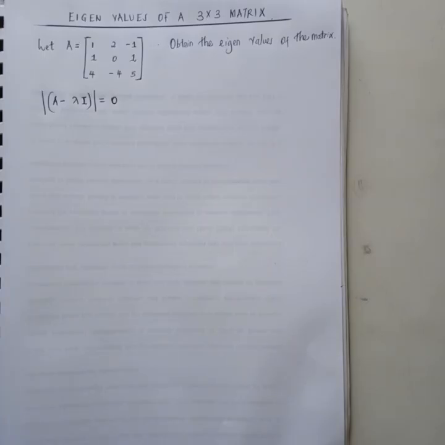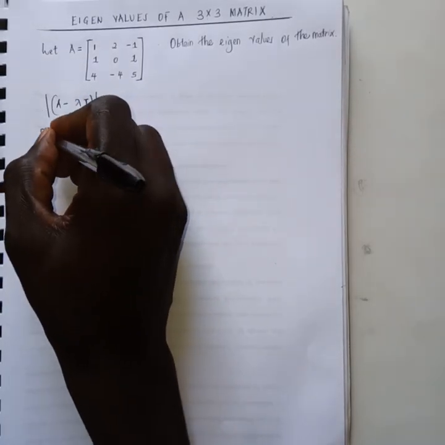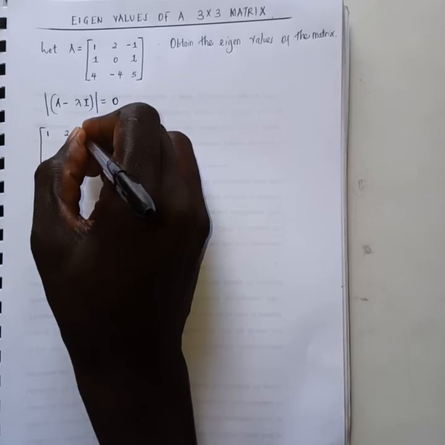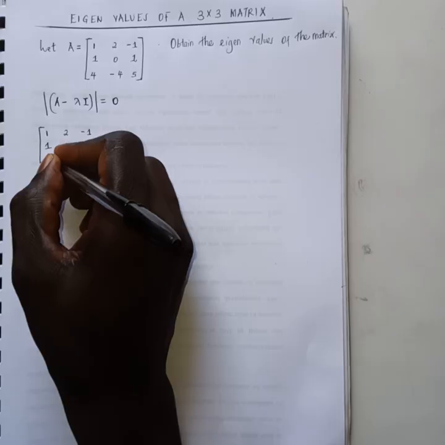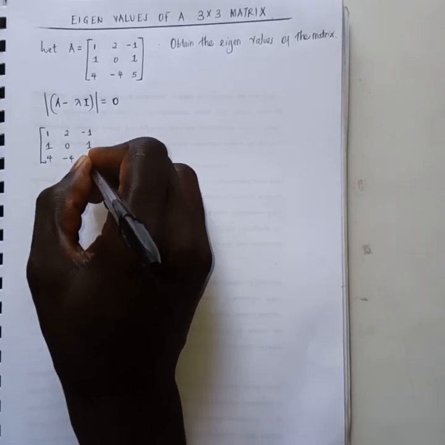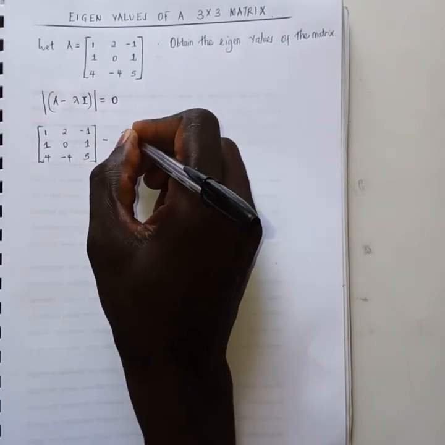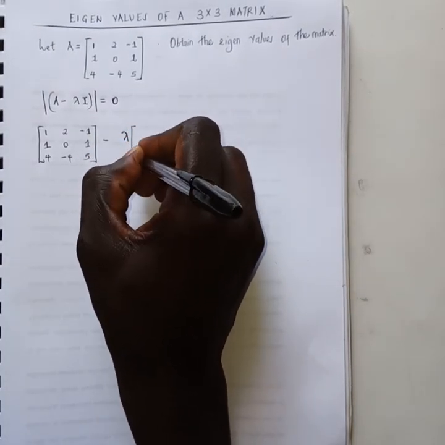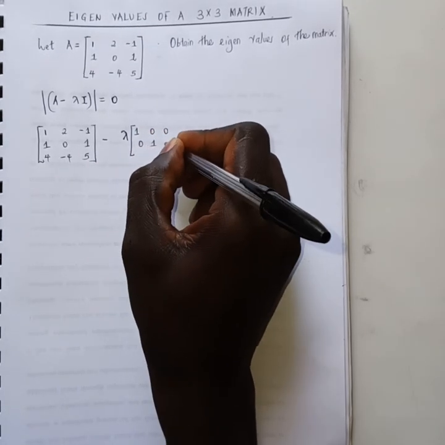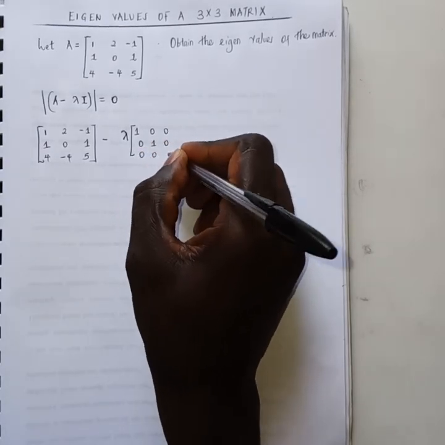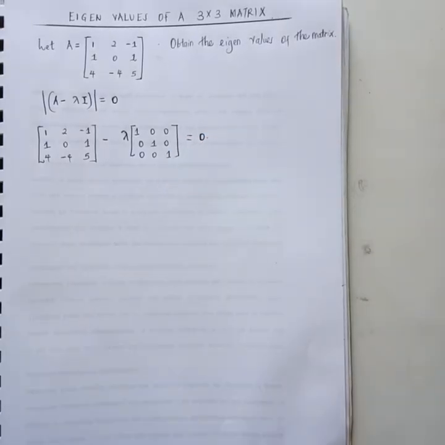As we are seeing, the matrix there is 1, 2, -1, and we are subtracting lambda, which is the eigenvalue that we want to find, multiplied by the identity matrix. This one should be giving us a 0.